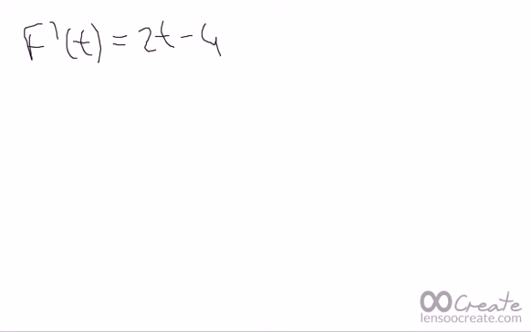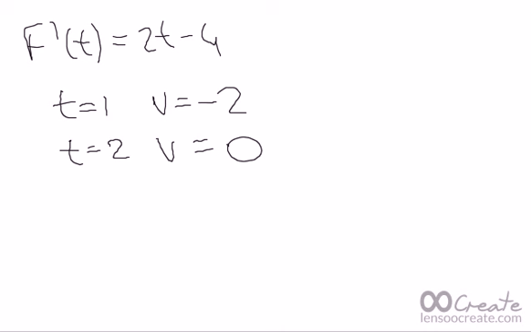First I'm going to take, let's say, when the time is 1, then the velocity is going to be 2 times 1, so 2, minus 4, minus 2. Then when t is 2, the velocity is actually going to be 0.